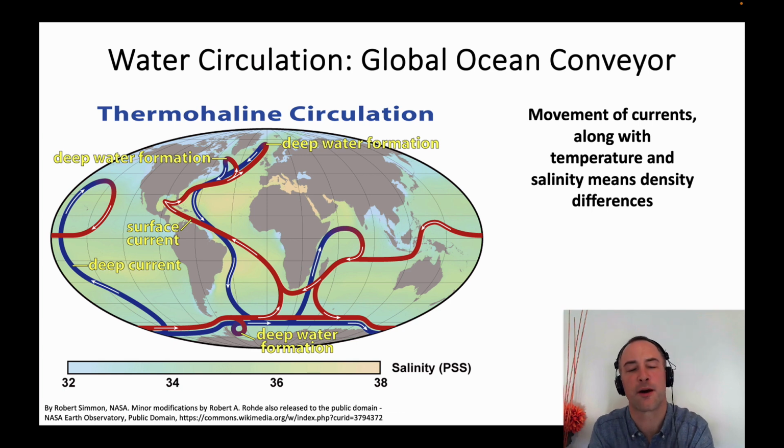When we start to think about how this moves water around the world, and thinking back to the density conversation a little bit ago, as we think about cold water sinking, we have what's called deep water formation in the polar zones. So this is what's called the global ocean conveyor belt of water around the Earth.